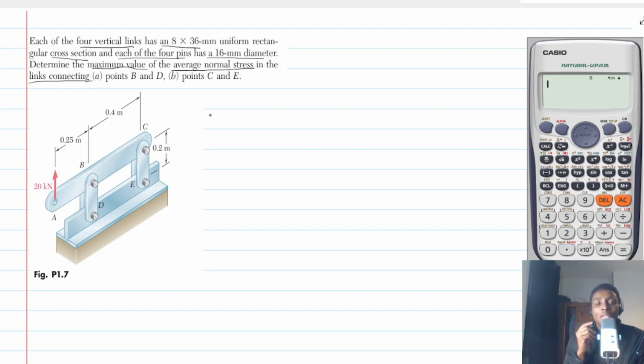For this problem, over here is more or less like a mechanism, let's say a structure.